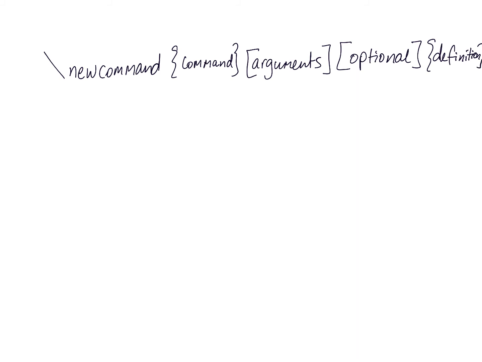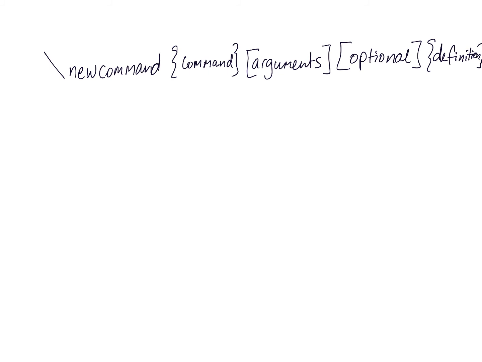So let's describe everything. What is a command? The name of the new command starting with a backslash followed by lowercase or uppercase letters, or a backslash followed by a single non-letter symbol.